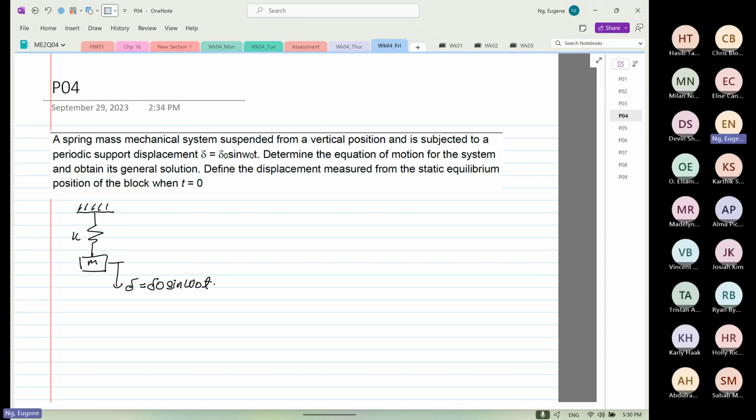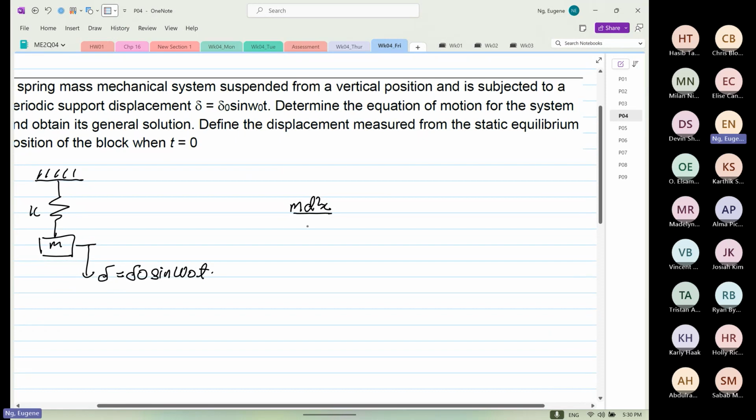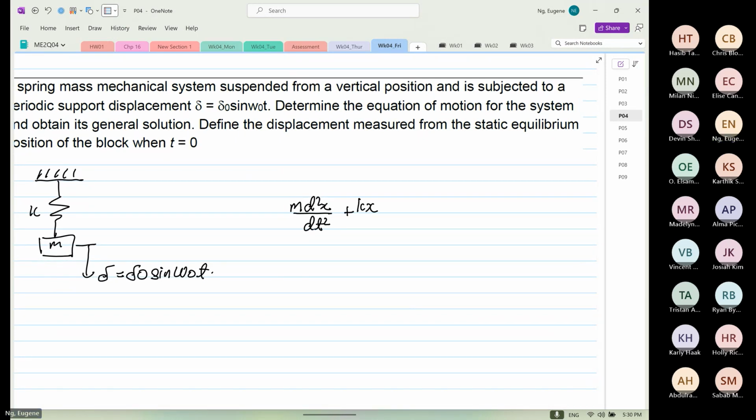If we look at forces, we write M d squared x over dt squared plus kx. And if you just write delta naught sine omega naught t, what's the problem now?